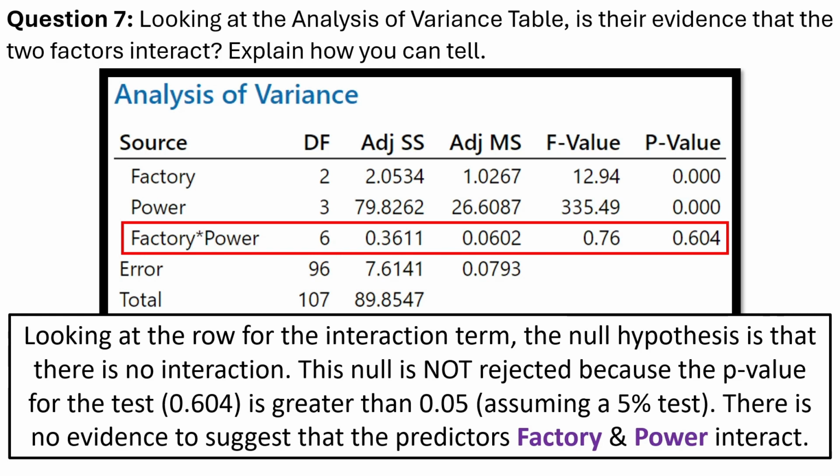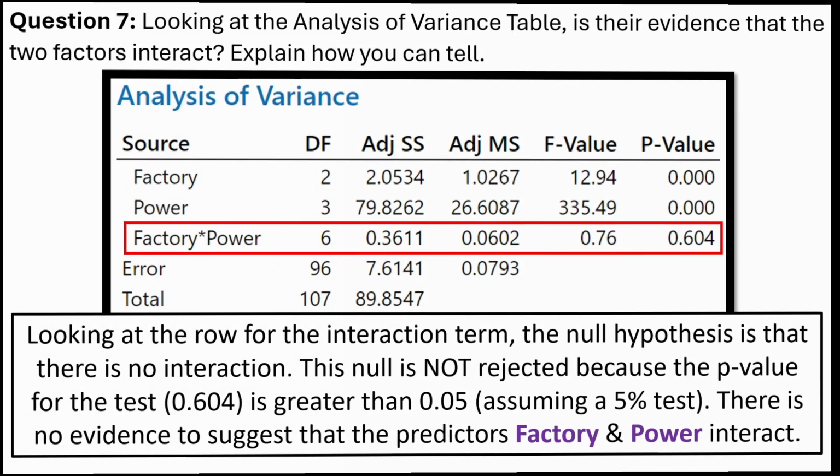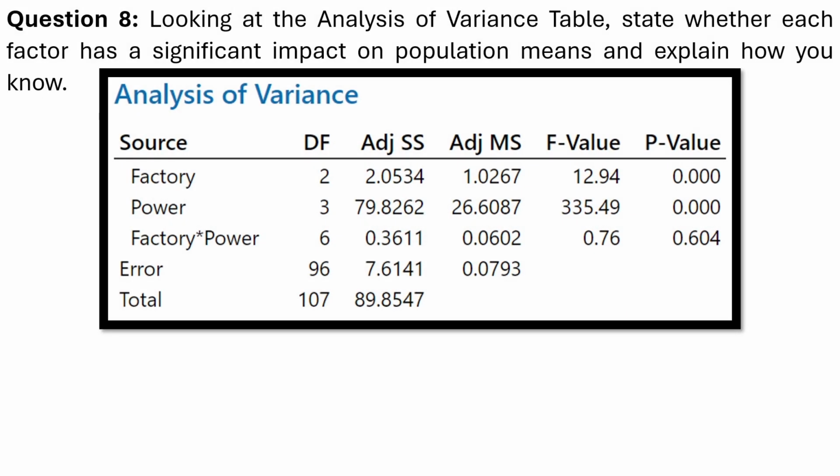In particular, we have the condition that each population has the same standard deviation, that the residuals are approximately normal in distribution, and that there are no interactions between our two predictor variables. And so now we can proceed with the analysis to try to answer the question that was originally asked, which is, does factory make a difference?